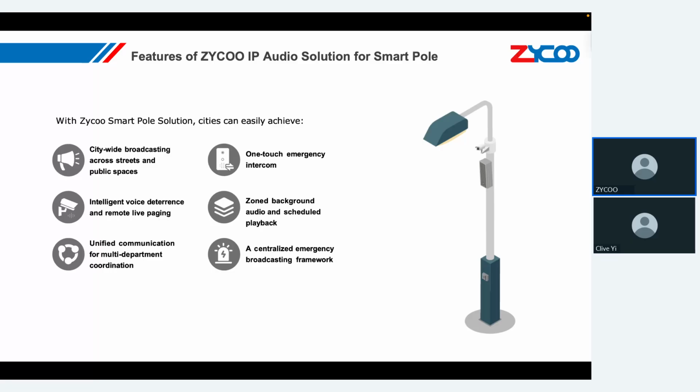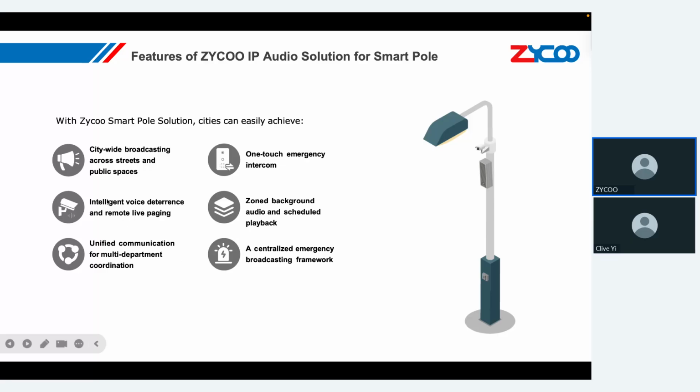What you can do is citywide broadcasting across streets and public spaces. And there is the one-touch emergency intercom. When there's an emergency, the visitor can press the button to make a call for help.